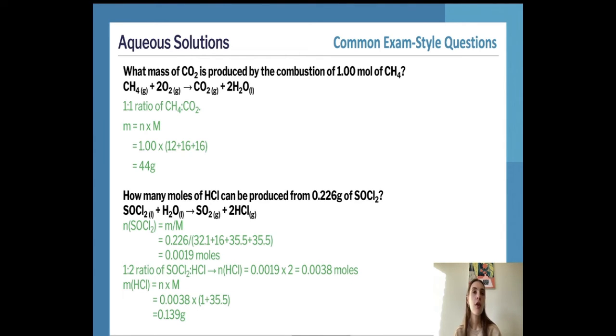So although we've got a 1 to 2 ratio of SOCl2 to HCl, we've actually got less quantity in grams of HCl produced, but more moles of HCl produced.